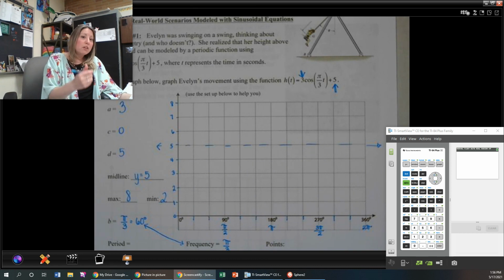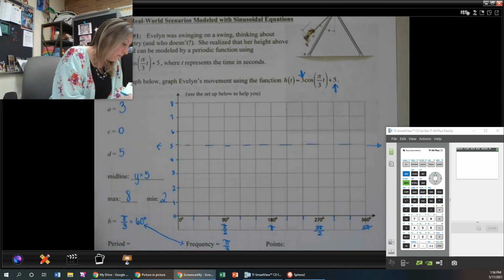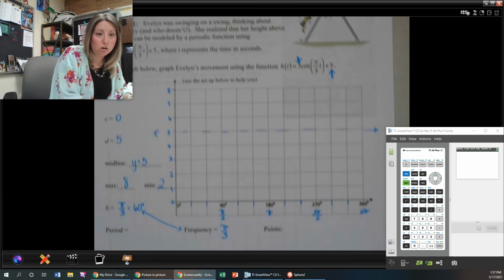That would mean that my period is taking 360, 2 pi, and dividing it by pi over 3 and figuring out, okay, where do I get the full curve? Where does the full curve end up?